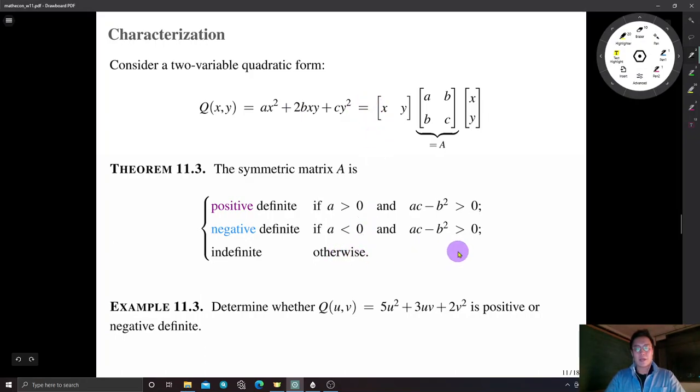And in other cases, for example, A is positive, but AC minus B squared is negative, or A is negative, and AC minus B squared is also negative. So in these two cases, the symmetric matrix A is indefinite, meaning that this quadratic form can take a positive or negative value, depending on x and y.